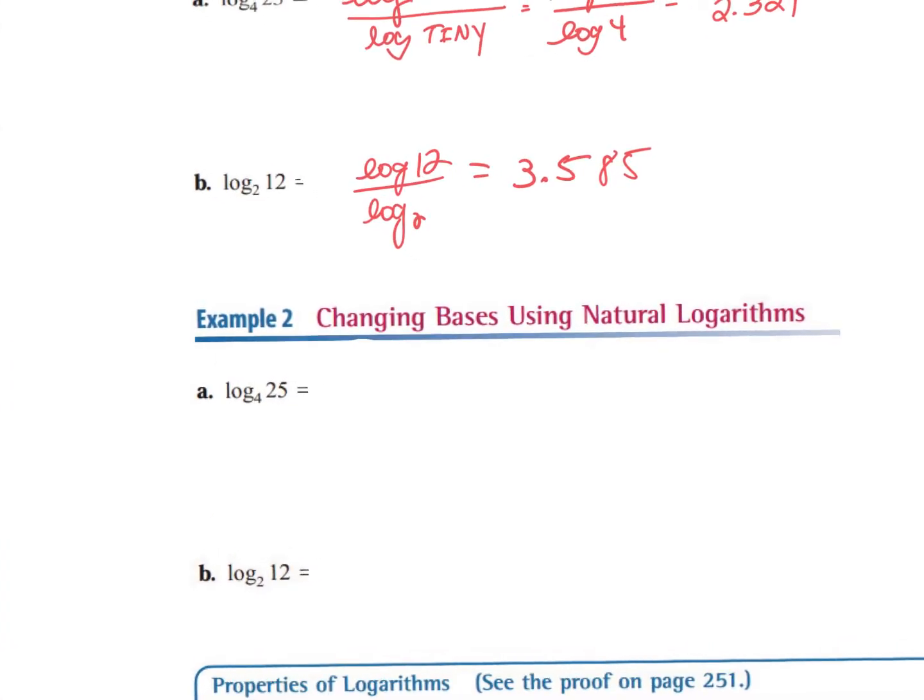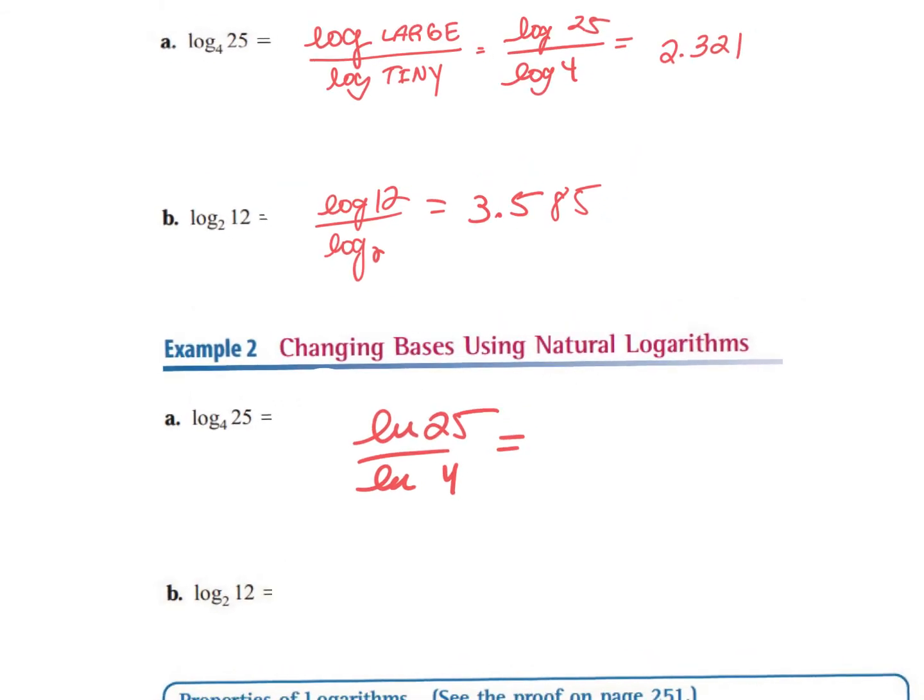Now, if it says use the change of base using natural logarithms, which button do we use? ln. You do the exact same thing. Do ln of 25 divided by the ln of 4, and tell me what you get. 2.321.